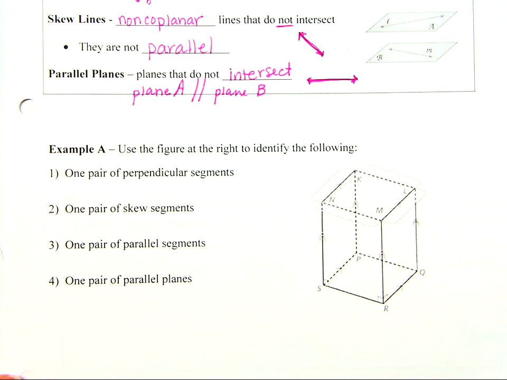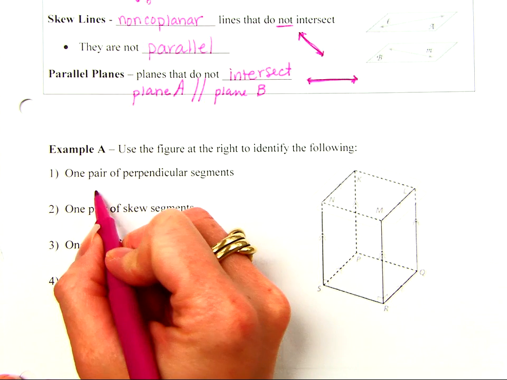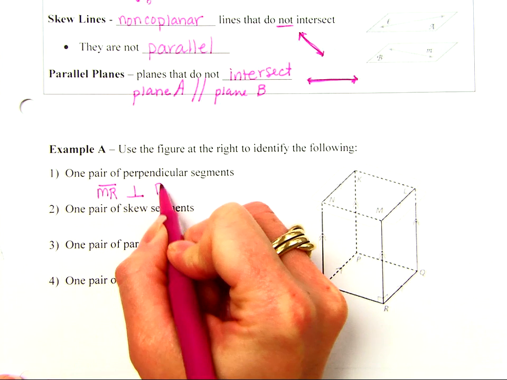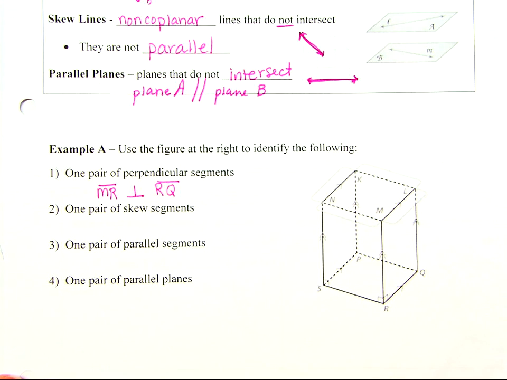I had chosen my segments MR and RQ, so when I write that, MR is perpendicular to RQ. But there are other examples as well. We could have said NS and SP.